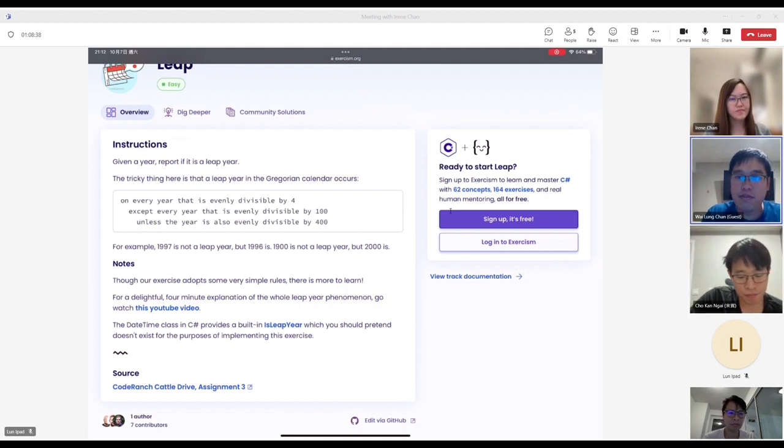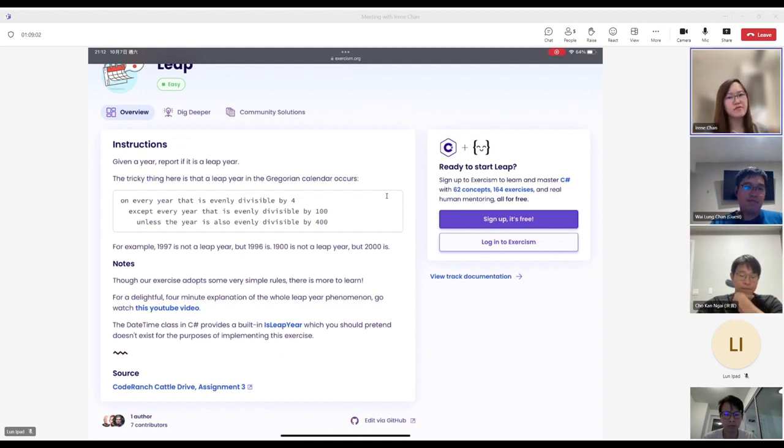Divisible by 4, and then it is divisible by 100. So we have to check if it is divisible by 400. It is not, so it is not a leap year. If it's 2000, it can divide by 4, by 100, and by 400, so it is a leap year.